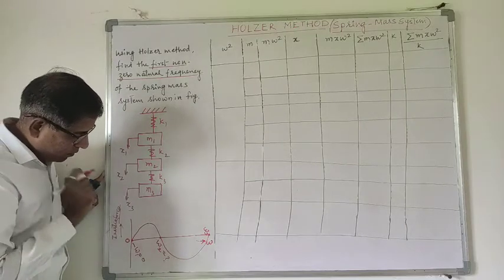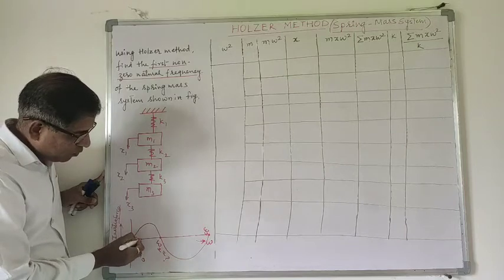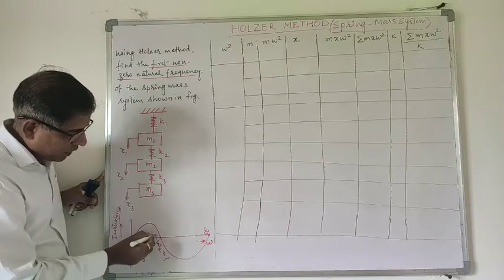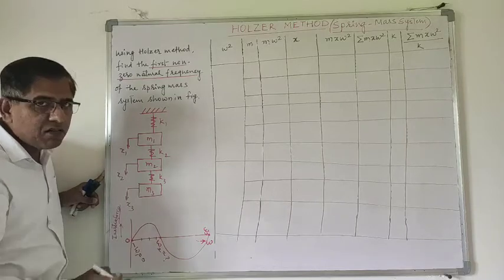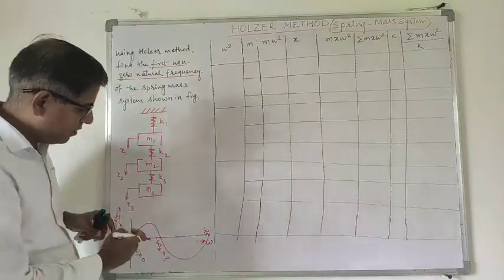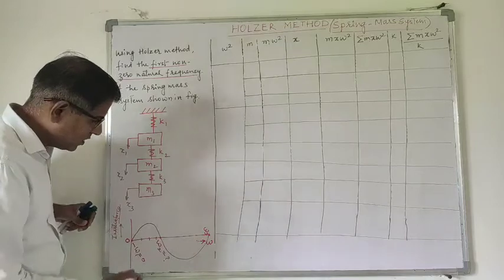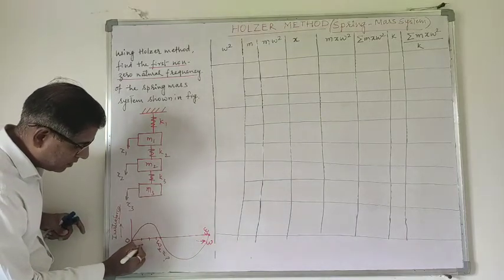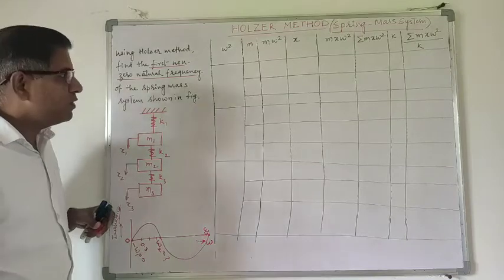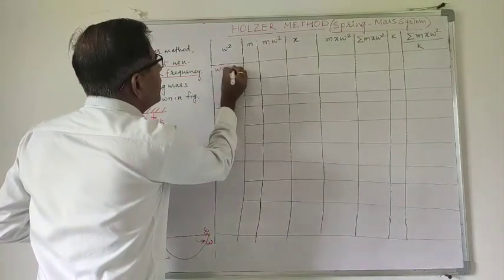Now we have assumed omega 1 as 0. Now we need to assume certain points in between omega 1 and omega 2, and this is how we need to reach up to omega 2. So first we assume omega is equal to 0.3.